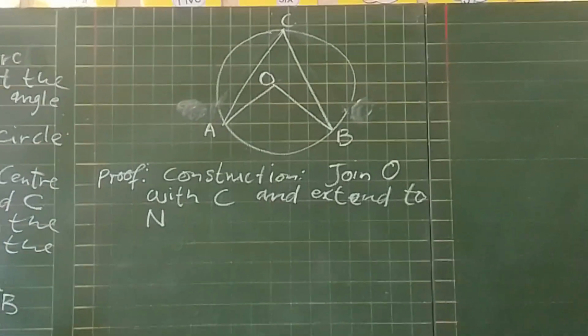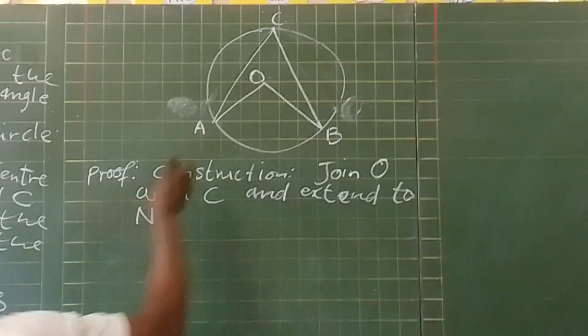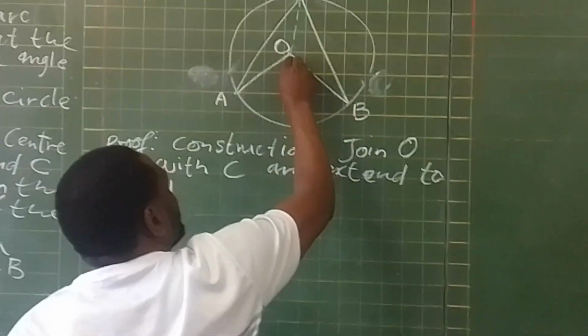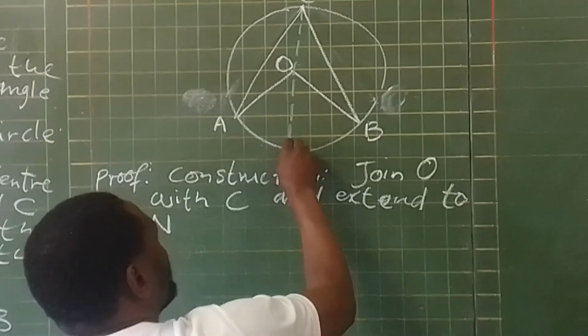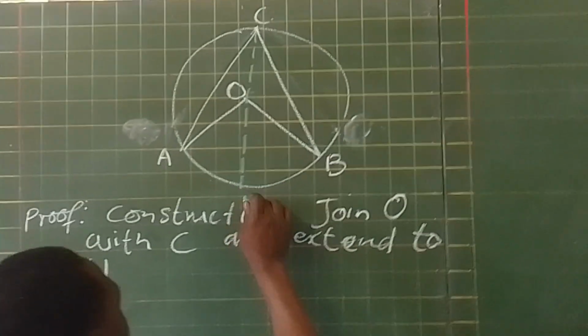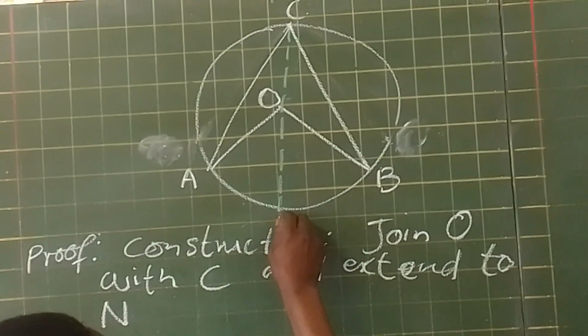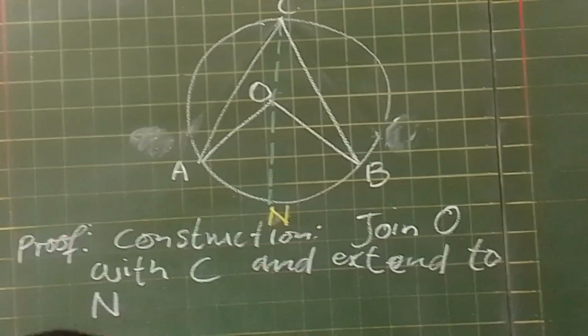This is our construction. This is point N. Point N is coming here.